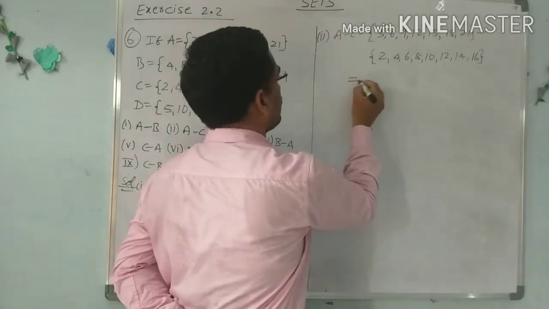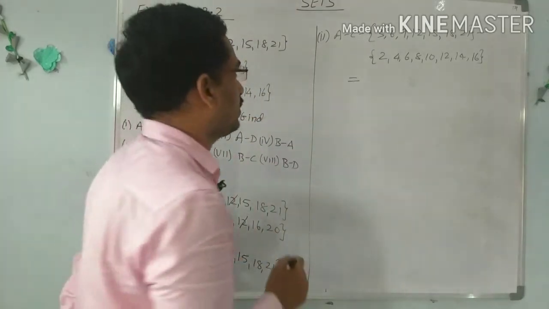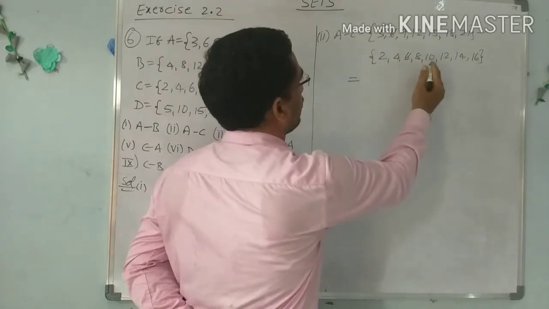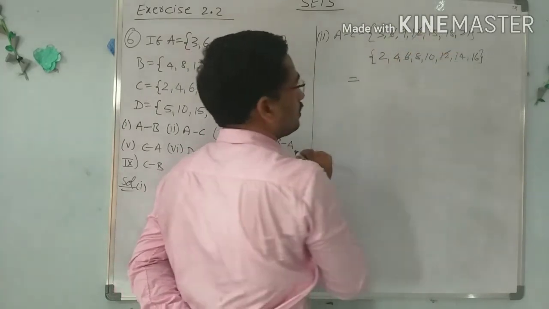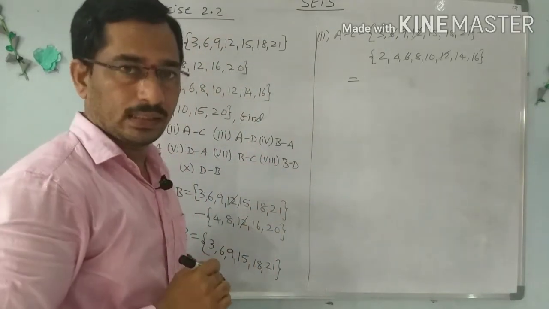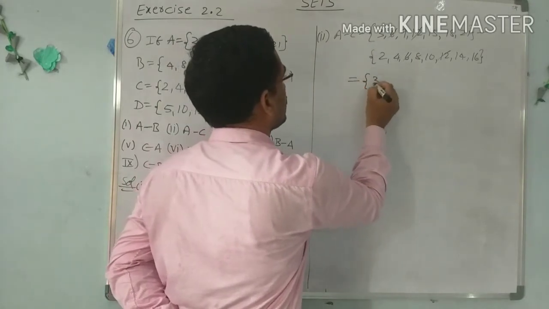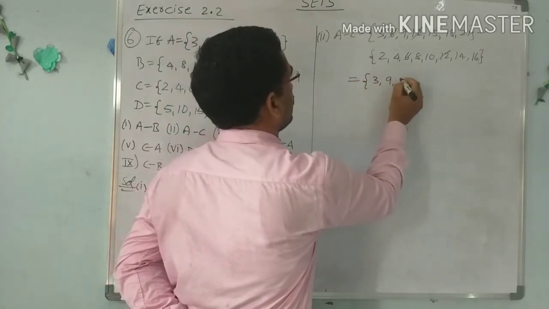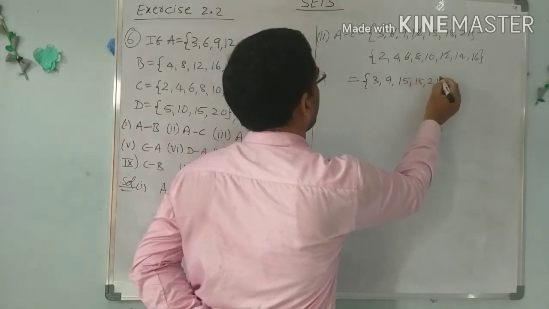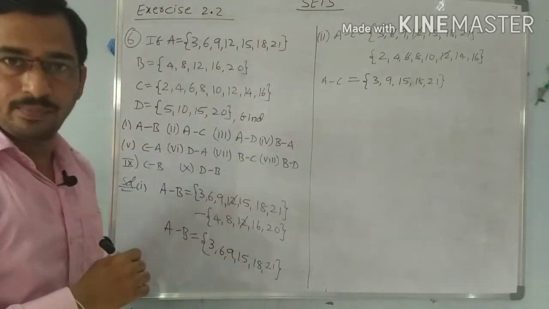So A minus C means again we do the same thing. First cancel the common elements. What are the common elements? 6 and 12. So only two elements are common. Write the remaining elements of the first set A: 3, 9, 15, 18 and 21. Now this is the set A minus C.